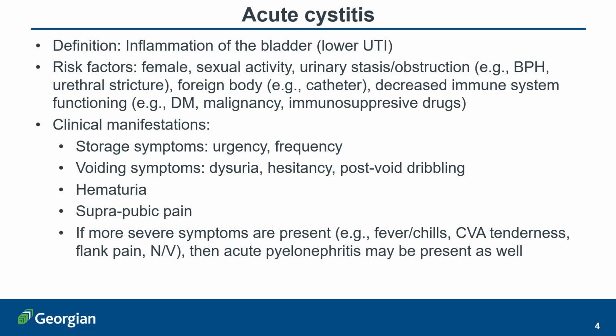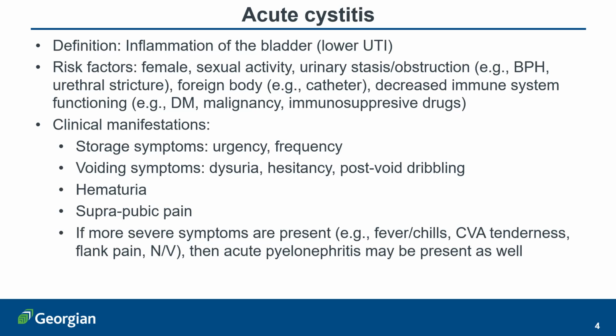Acute cystitis is diagnosed if you have urgency, frequency, dysuria, hesitancy, perhaps hematuria. But if fever, chills, CVA tenderness, flank pain, nausea and vomiting are also present, then it is a dual diagnosis of both acute pyelonephritis as well as acute cystitis. In other words, both an upper and lower UTI. So please be on the lookout for that in terms of the nursing assessment.